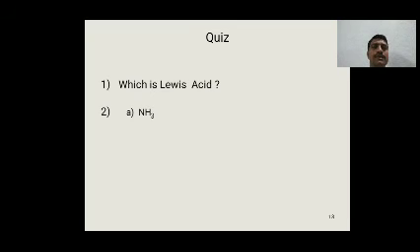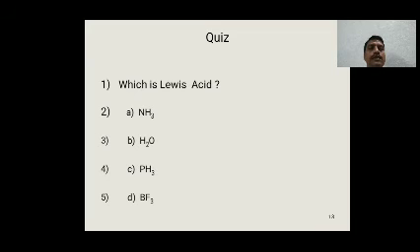Which is a Lewis acid? A Lewis acid is an electron pair acceptor: NH3, H2O, CH4, boron trifluoride. Among these four compounds, boron trifluoride has an empty orbital on the central atom.